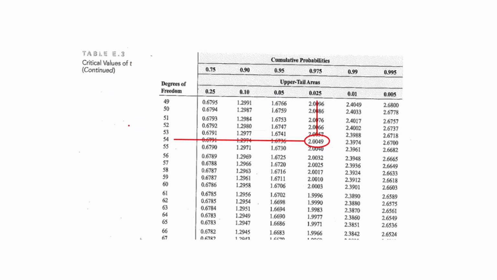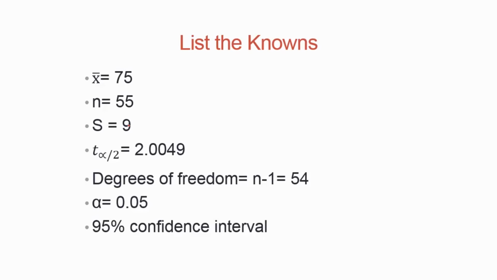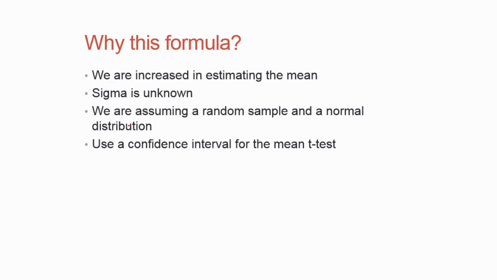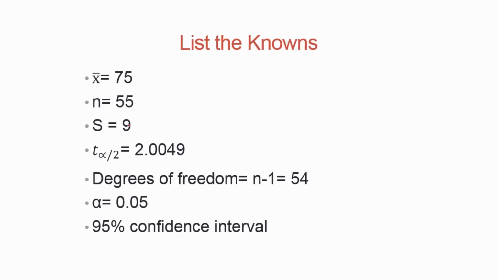To find the critical value, the critical value of t is 2.0049. Where did that number come from? It's based on 54 degrees of freedom, and the alpha level is 0.05, so I divide that by 2 because a confidence interval is always two-tailed, plus or minus.